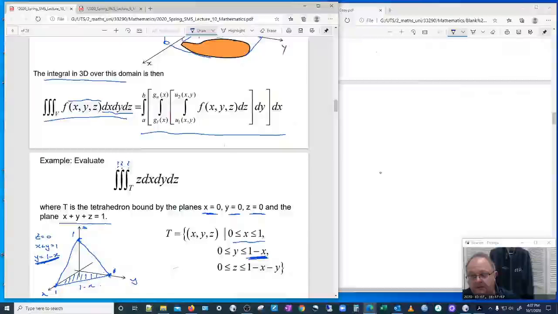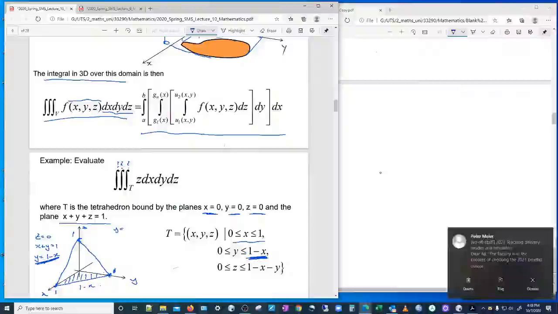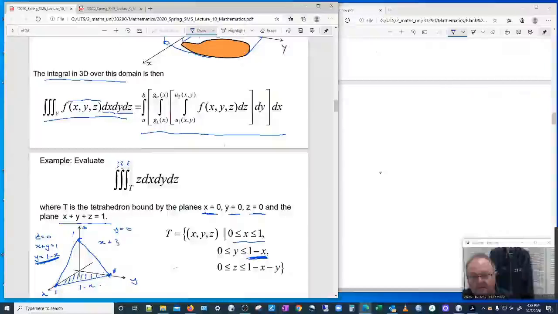Alright, what else have we got? We've got when y is 0, we're going to have x plus z equals 1. So z will be equal to 1 minus x.